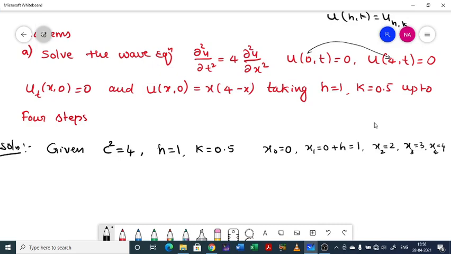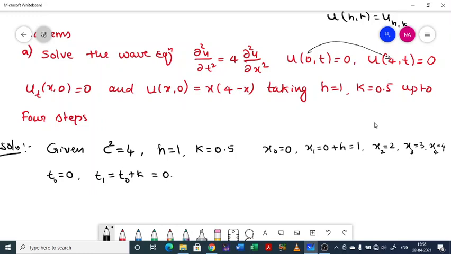Similarly, you have to go for T0, T1, T2 and up to T4. What is T0? T0 is also 0. T1 is T0 plus k, and k is given to be 0.5.